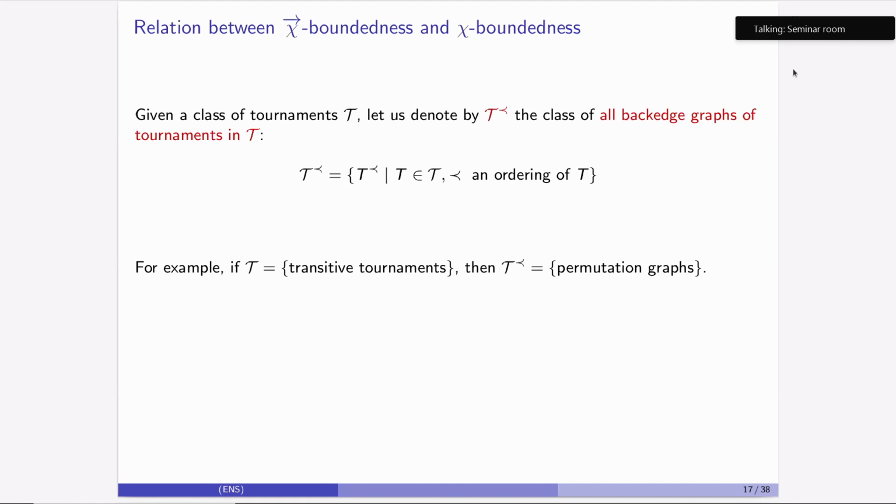It's funny. You can also go the other way around. You take a class of undirected graphs. For each undirected graph, for each ordering of each undirected graph, you can build a tournament with the classic technique, and it gives you a class of tournaments. And this is actually used to build interesting classes of tournaments.